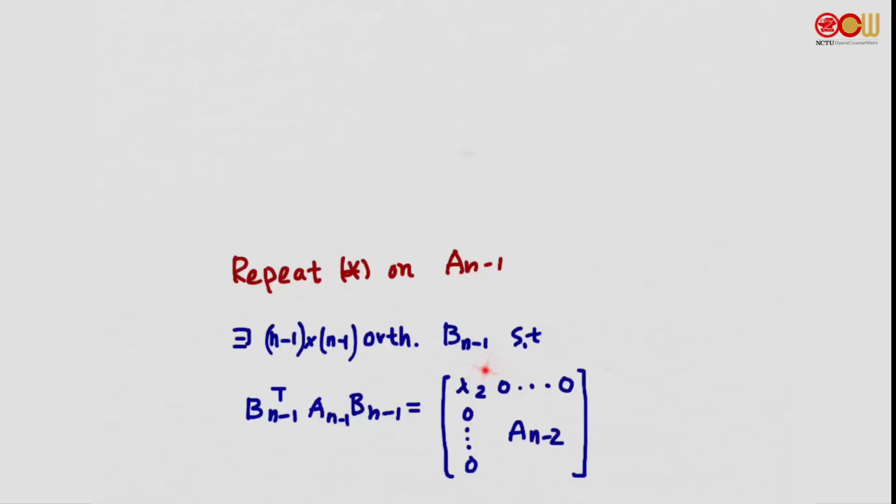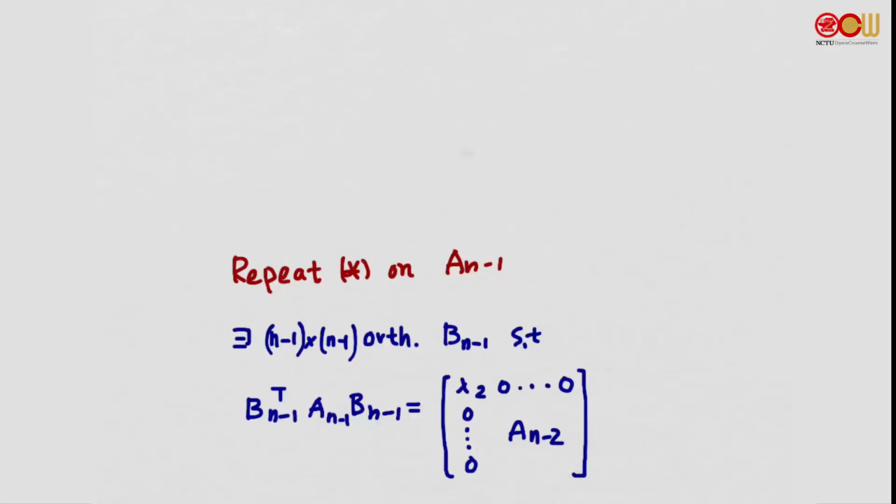It's an orthogonal matrix so that B transpose A B is now of this form. Again, the first column vector and first row vector are like that of a diagonal matrix, and in the bottom right corner we have a smaller symmetric matrix.